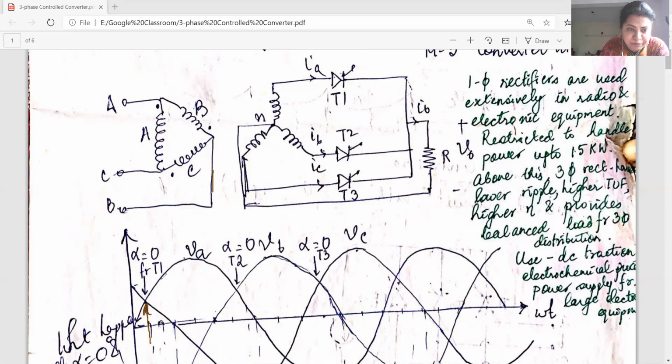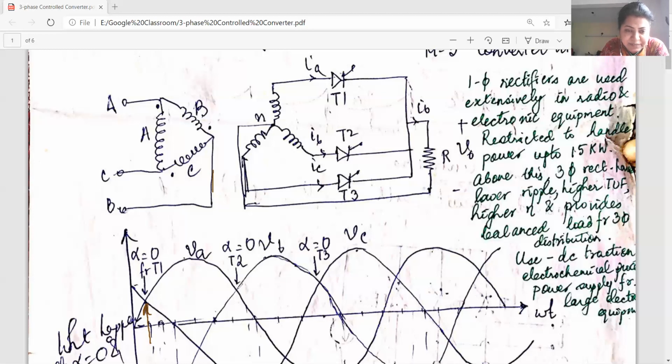VA being maximum positive means thyristor T1 is now forward biased. Thyristor T1 will conduct when it gets a gate signal at its gate terminal, and this is alpha 1 equal to 0 degrees, or alpha equal to 0 degrees for thyristor T1.